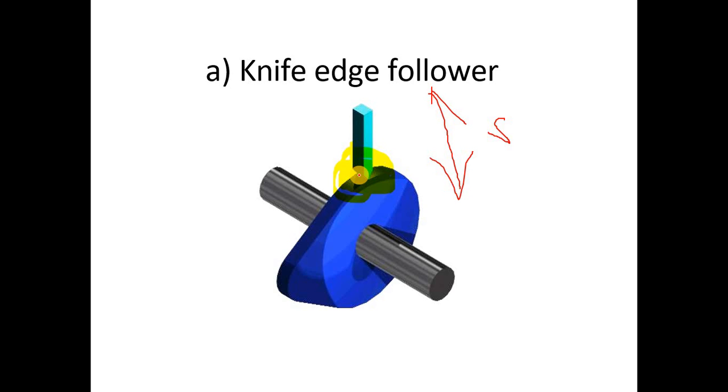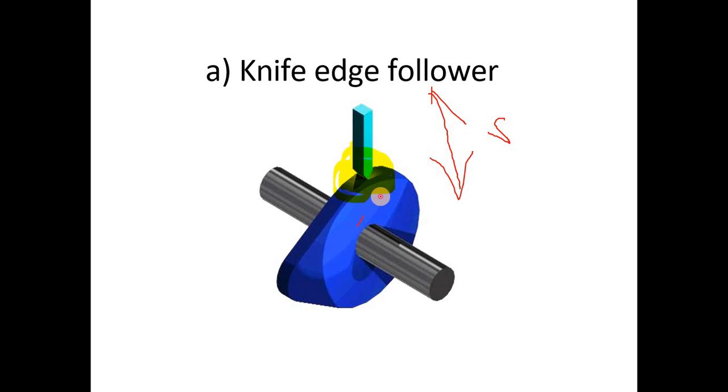If you go for an interview in a design company, they will ask you what the disadvantages of the knife edge follower are, or why we do not use it in all applications. Because of the point contact, it will not remain in touch with the cam.